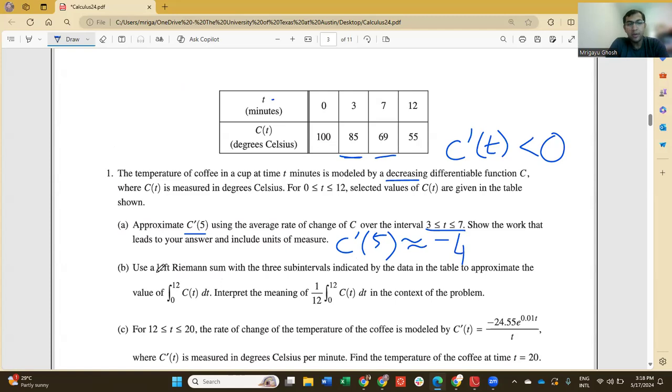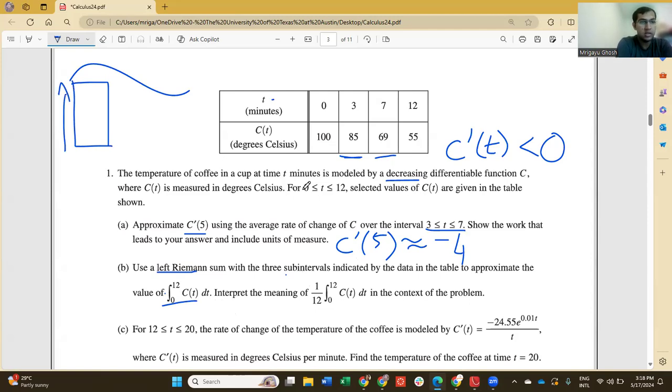Now we're going to do a left Riemann sum with 3 subintervals with the data given to approximate the value of this integral. Okay, so that integral from 0 to 12, we're going to use a left Riemann sum. When we think about a left Riemann sum, let's say this is my function, I'm going to choose the left endpoint and then times the width of this interval, right?